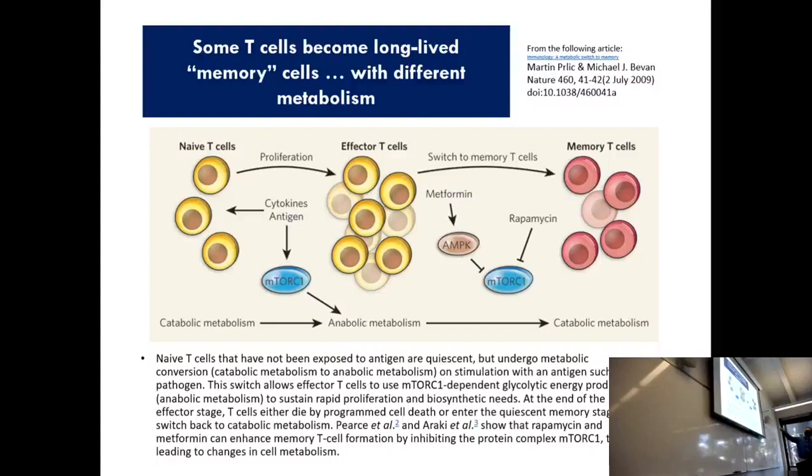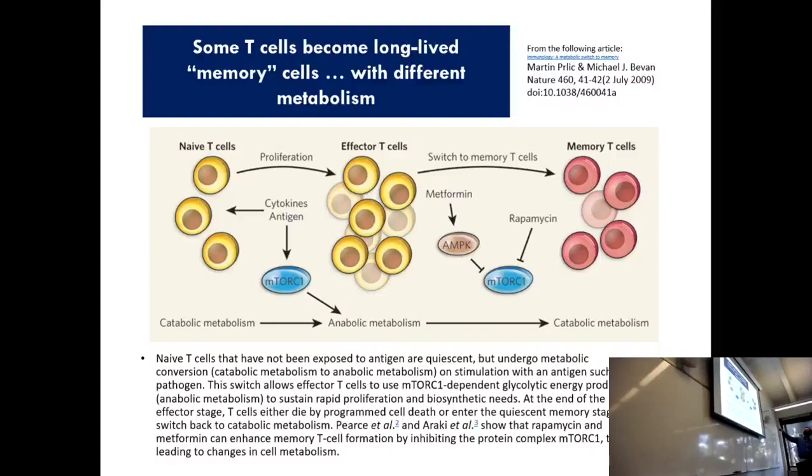If you have the baby cells, they get activated by an antigen, and they become effector T cells. They're doing their job. They switch from catabolic metabolism to anabolic metabolism. Instead of burning sugar, they are building. So it's like they go on the job for construction, and they make more of themselves.